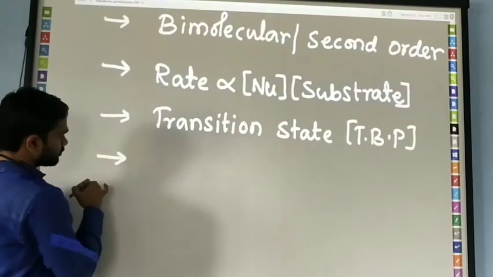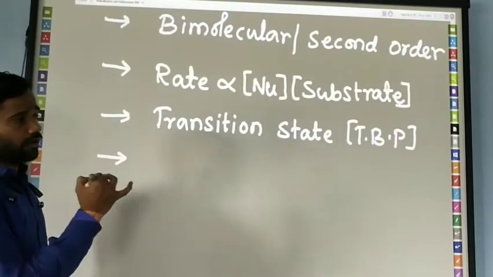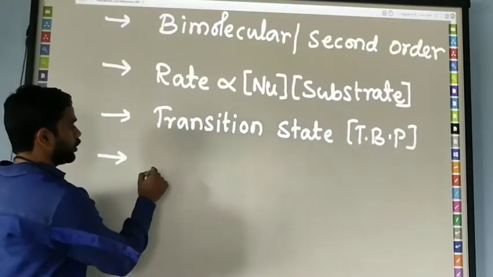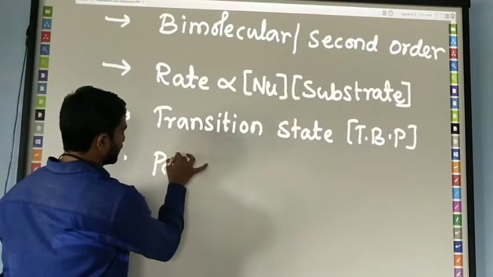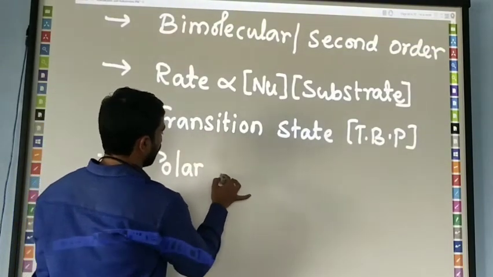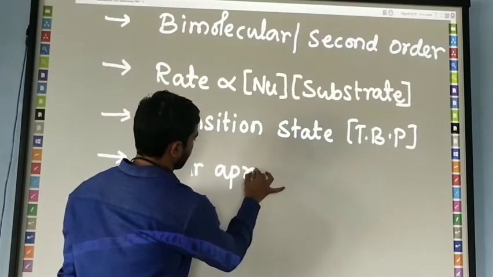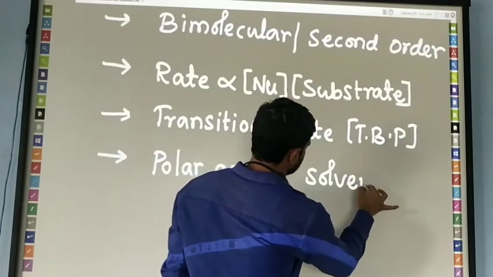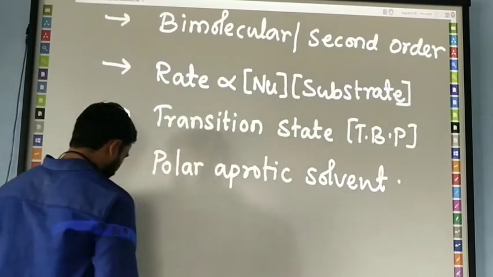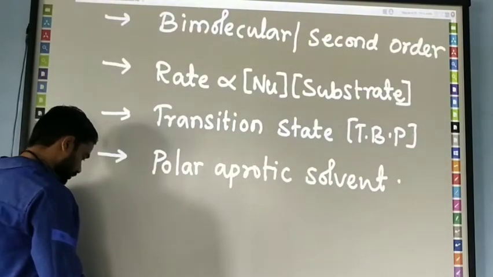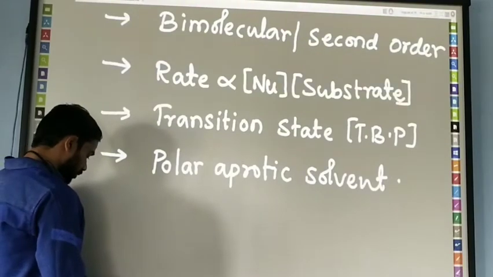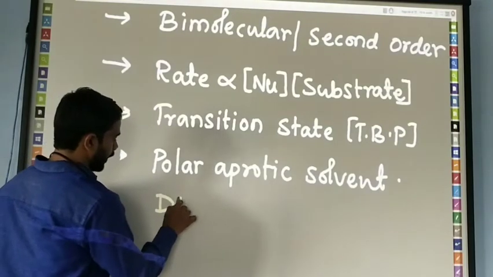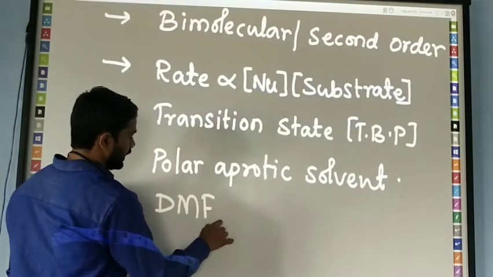Okay, let's see which type of solvent is used here. In this case, we are using a polar aprotic solvent. Can you tell any examples of polar aprotic solvents? The first one is DMF.